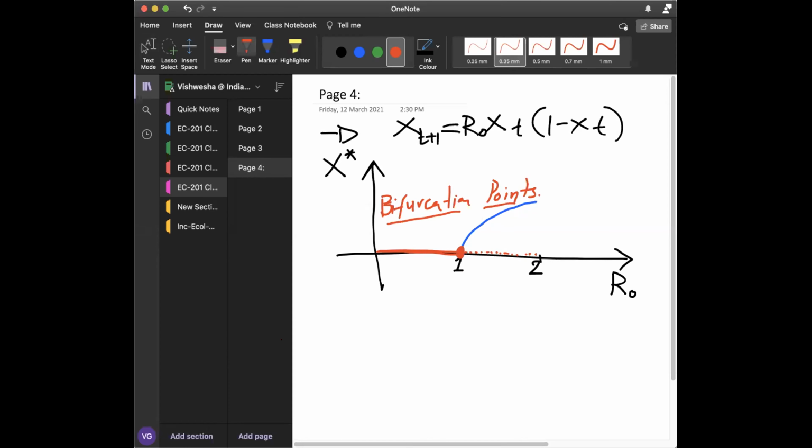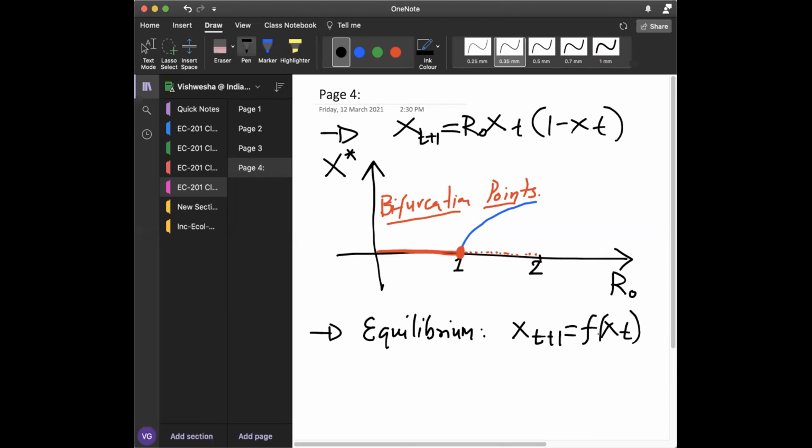I also told you the criterion, for both equilibrium and for stability. How do we define equilibrium? In a very general case, let's consider a very general model of population written in this format. So here f of xt contains basically that r term, r of xt, and it's multiplied by xt.